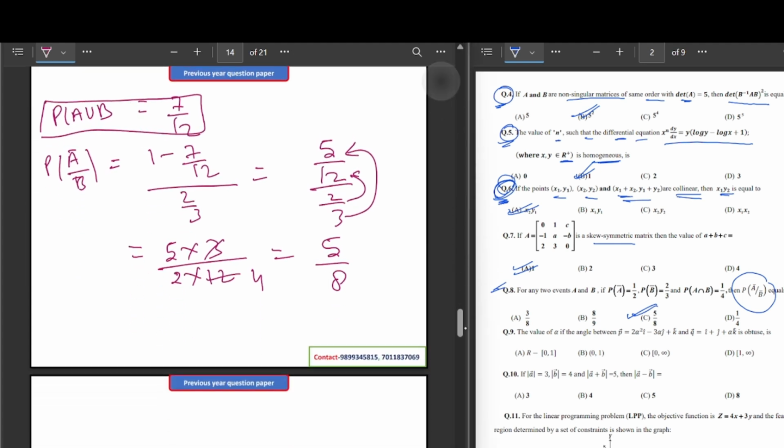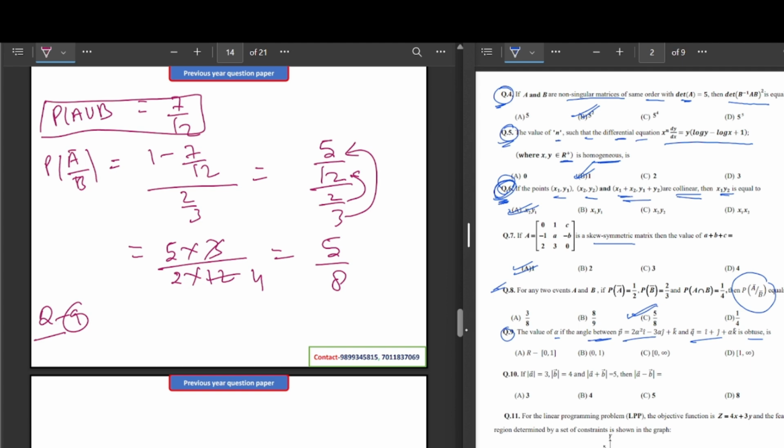Now let us move forward. Question number 9. Question number 9 talks about the value of alpha if the angle between this vector and this vector is obtuse.